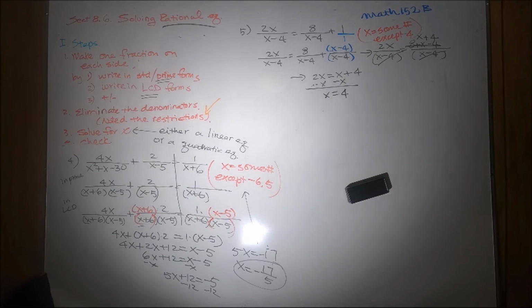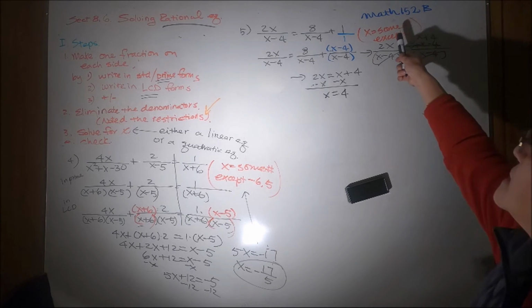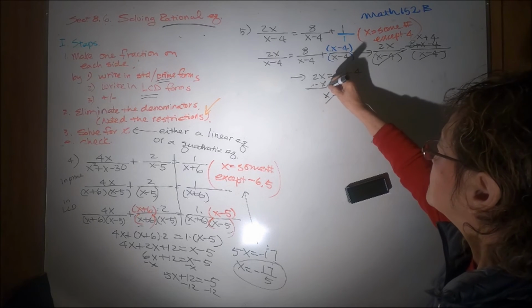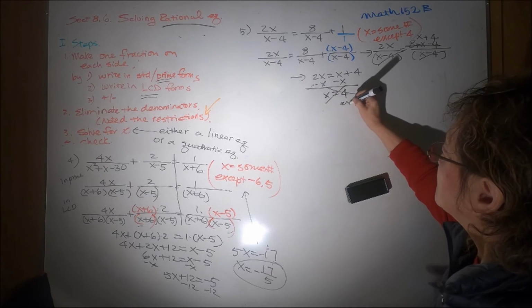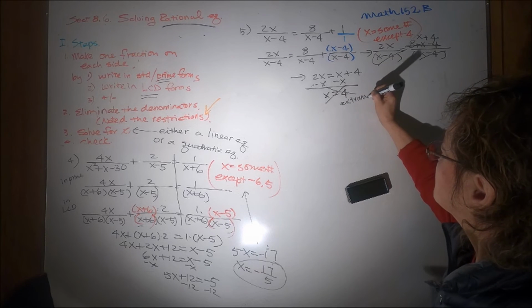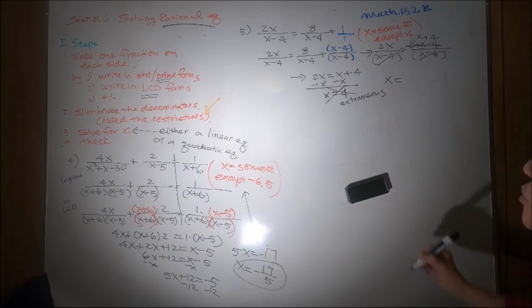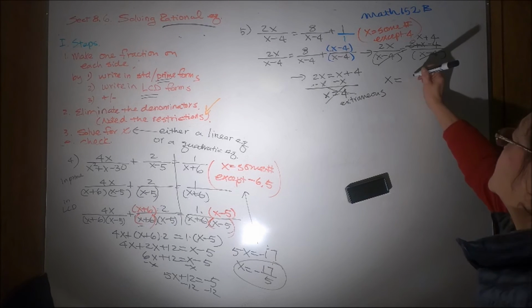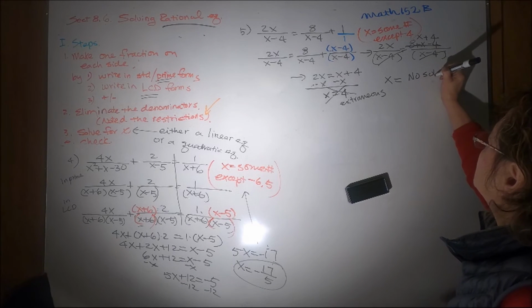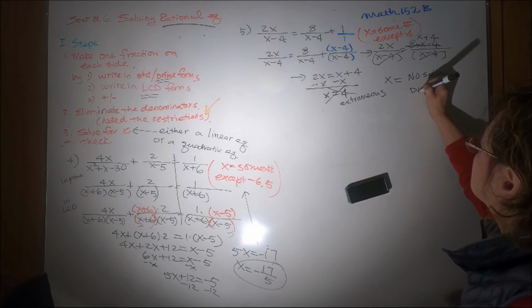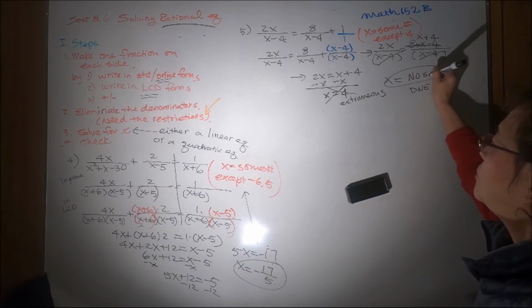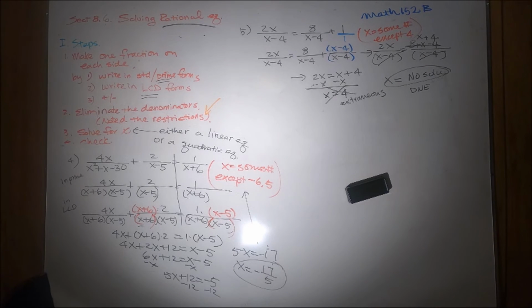So can we use 4? We know you cannot. So this one means what? It's extraneous, extra one. But you still have to answer the question. What kind of x you can have for the solution, right? You can say no solution, or you can say it doesn't exist. Either one would be fine.